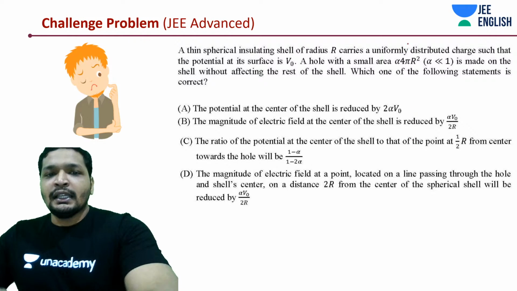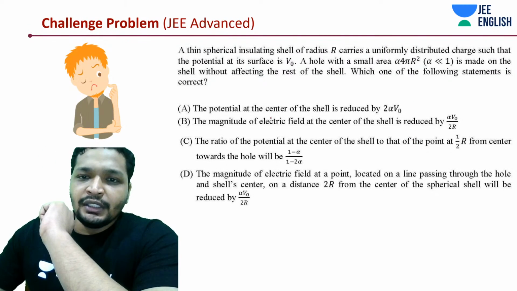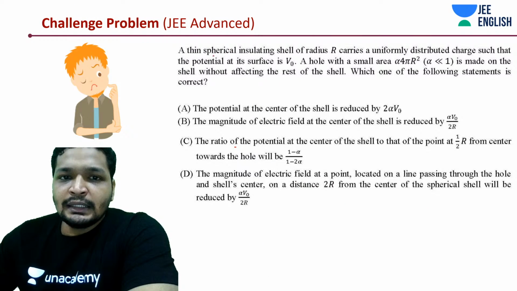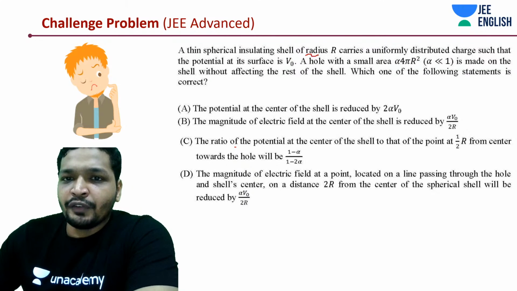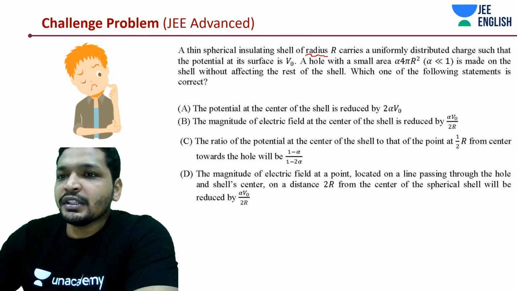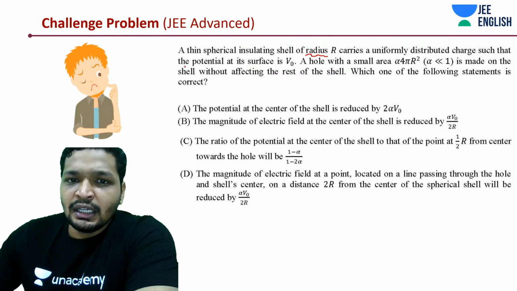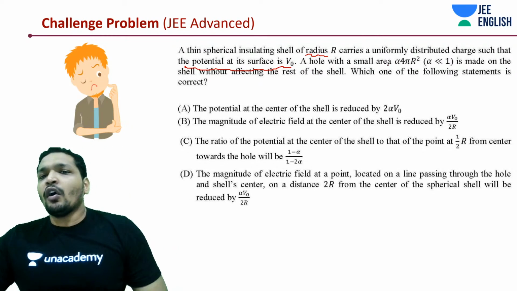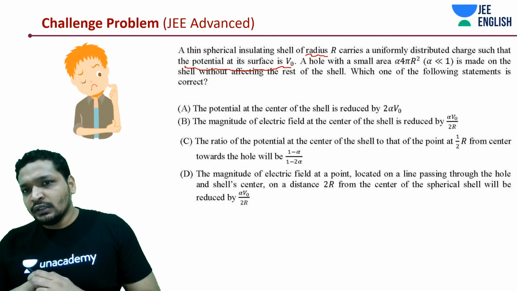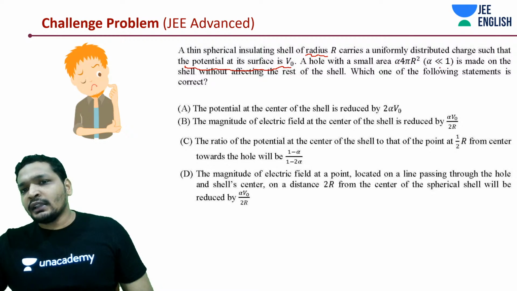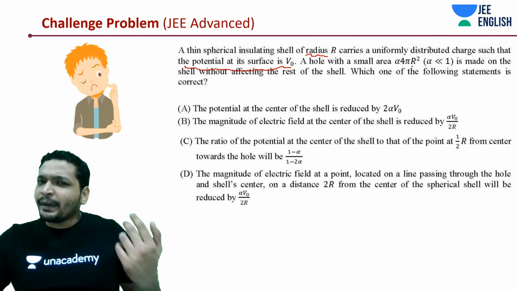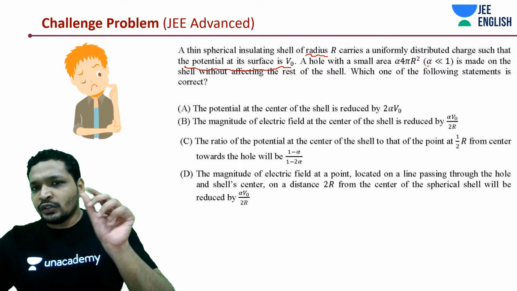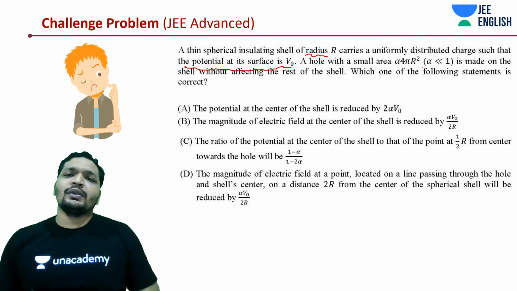First of all, let's read this question and try to understand what is being asked. A thin spherical insulating shell of radius r carries a uniformly distributed charge such that potential at the surface is V0. A hole with a very small area, alpha into 4 pi r square, is made, where 4 pi r square is the surface area of that shell.